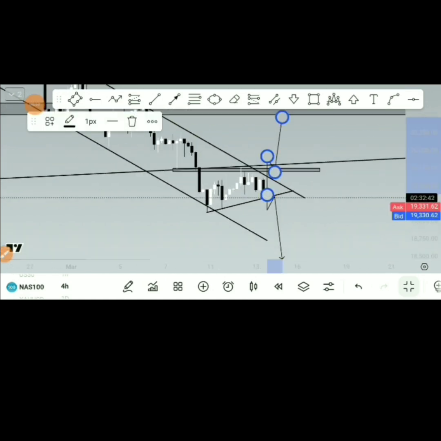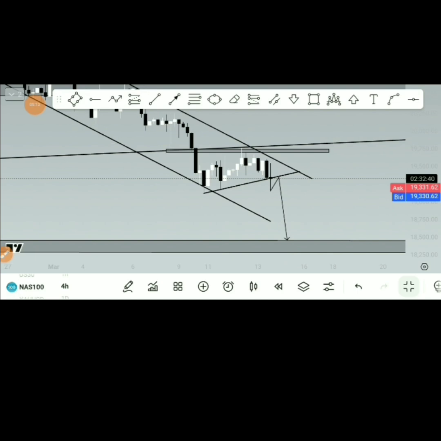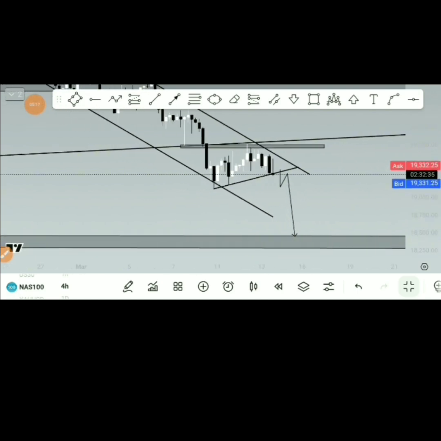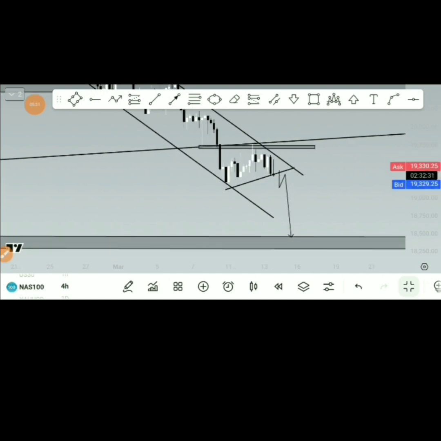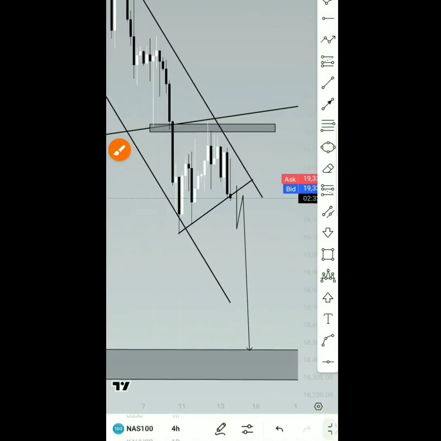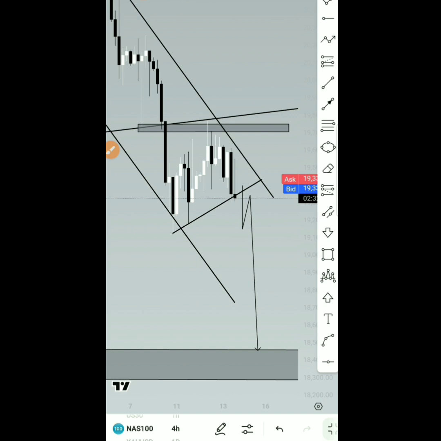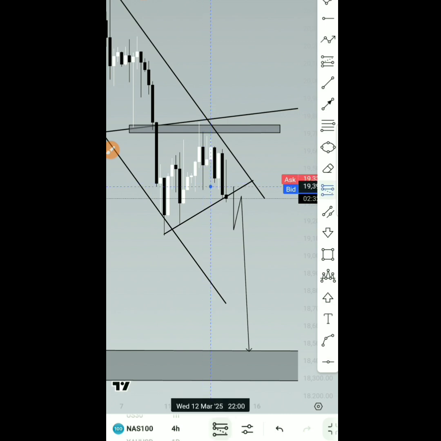So let's delete this one and let's go for the sell. For the sales. So I will be adding this to my sales in front of you right now. But don't forget, I'm already on 2 trades. Now let's move to US30. So you see I'm already on sales now.